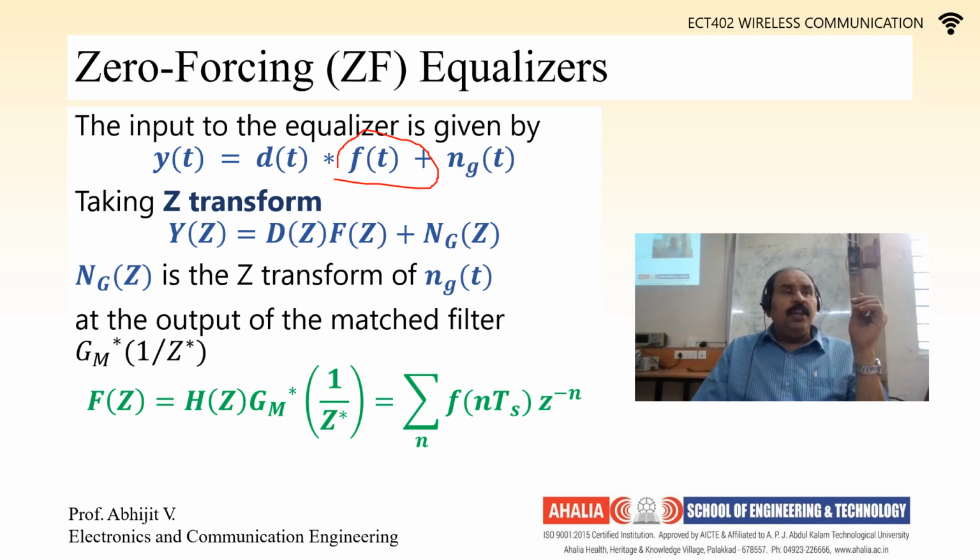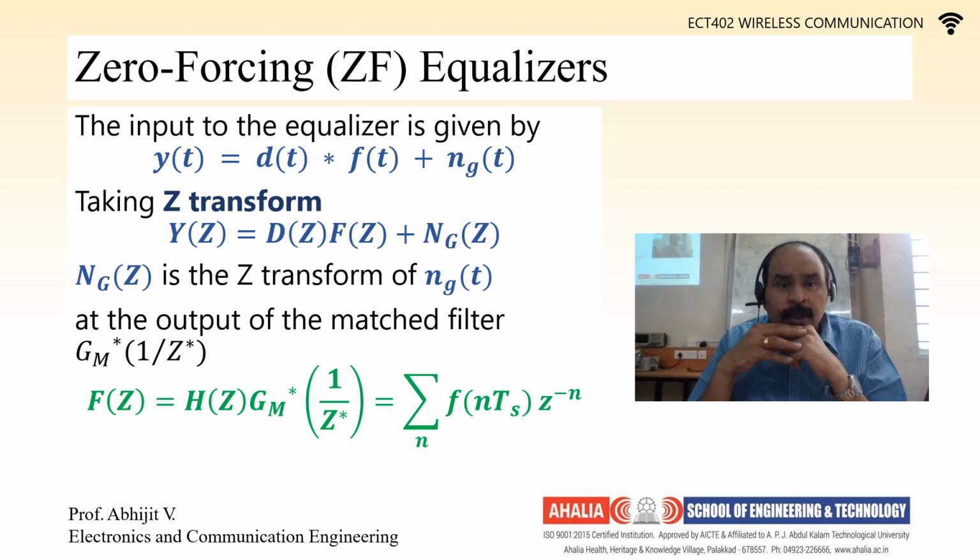We have already seen that f of t is the combined response of the pulse shaping filter, the channel response and the matched filter. In zero forcing equalizers, we take the Z transform of this particular input.